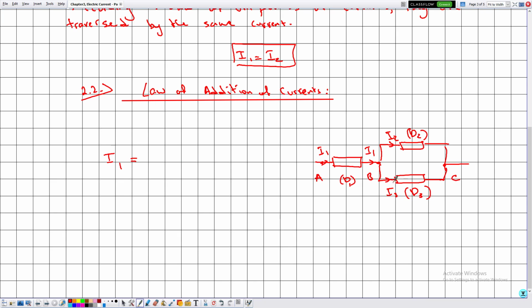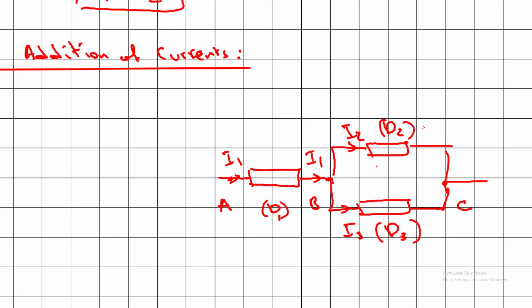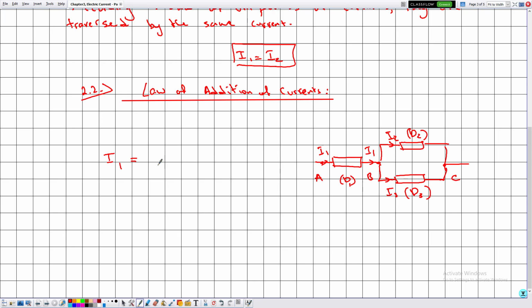So it's very natural that we say that the current I1 at the point B splits into 2 currents, given by I2 and I3. So it's very natural to say that I1 is equal to I2 plus I3, and this is a law of nature. For this reason, this is the law of addition of currents.